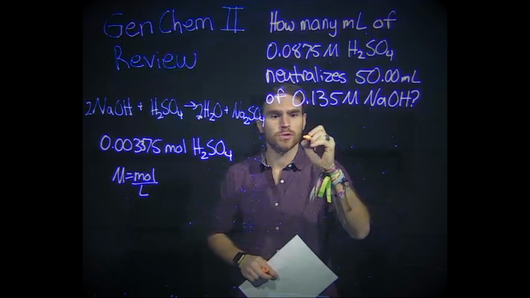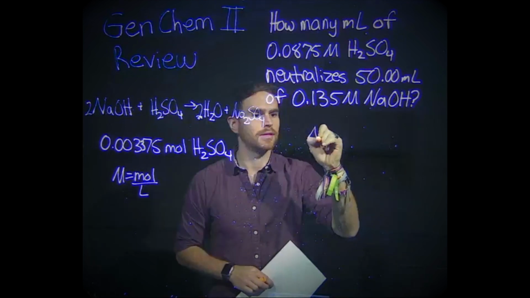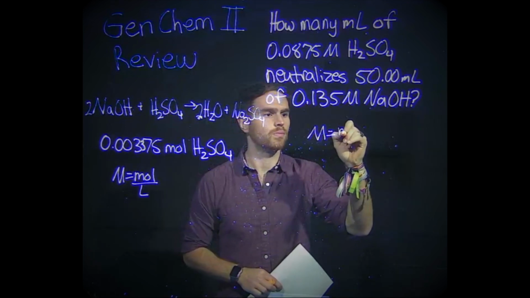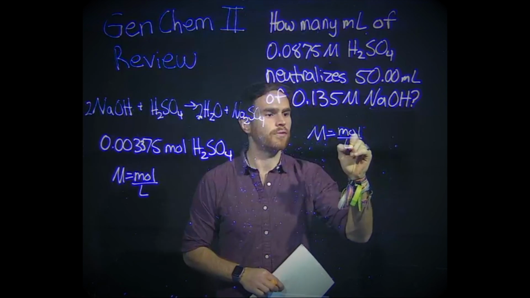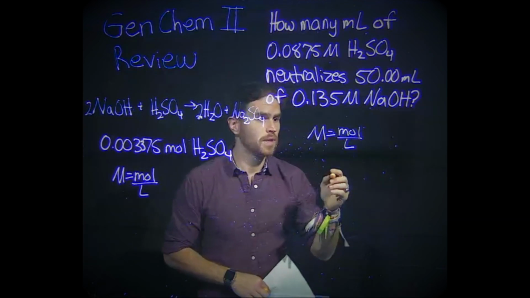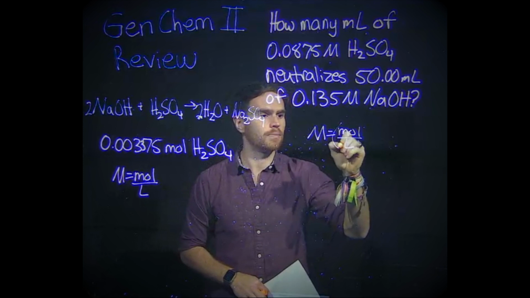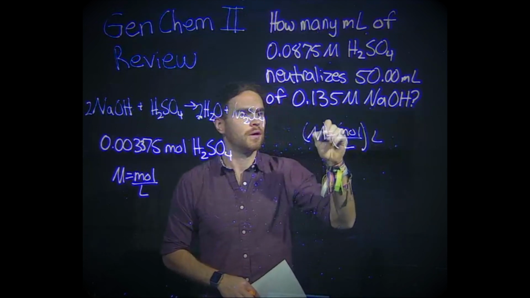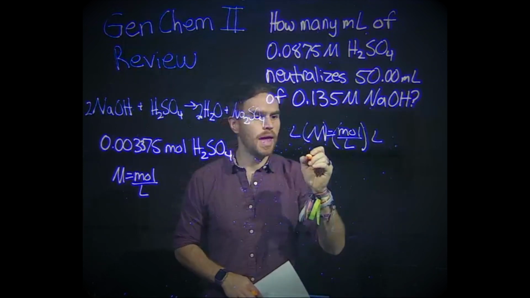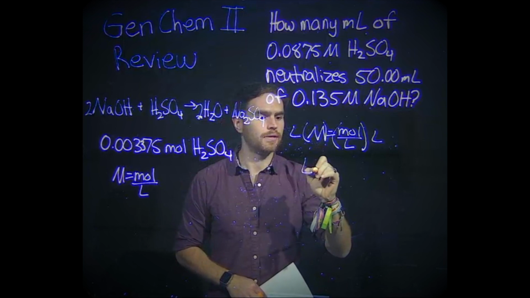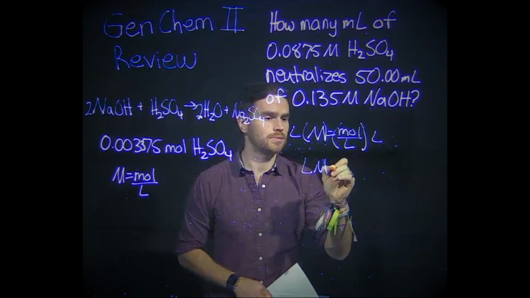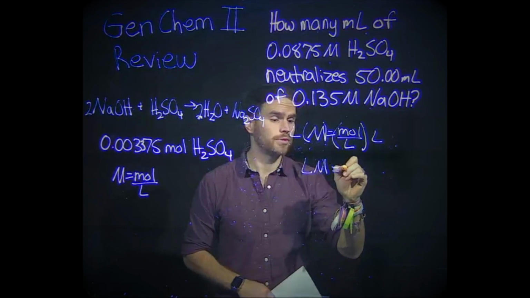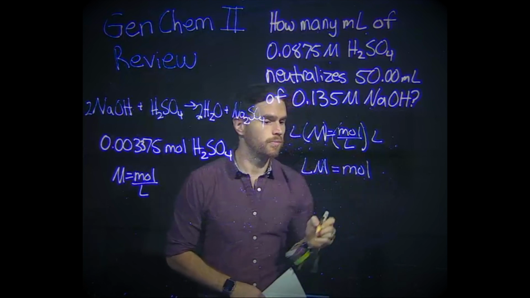So we need to manipulate the equation, molarity equals moles per liter, to solve for liters. We do that by multiplying both sides by liters, and then we get liters times molarity equals the number of moles.